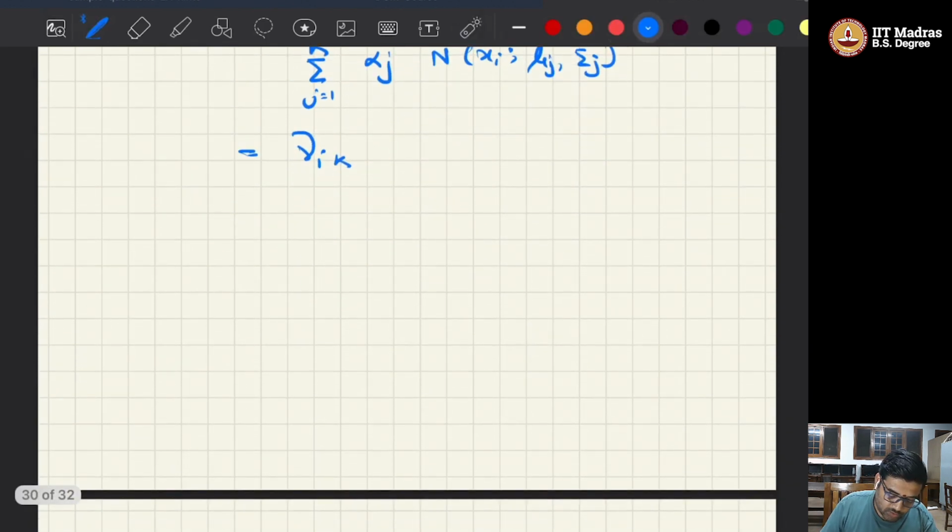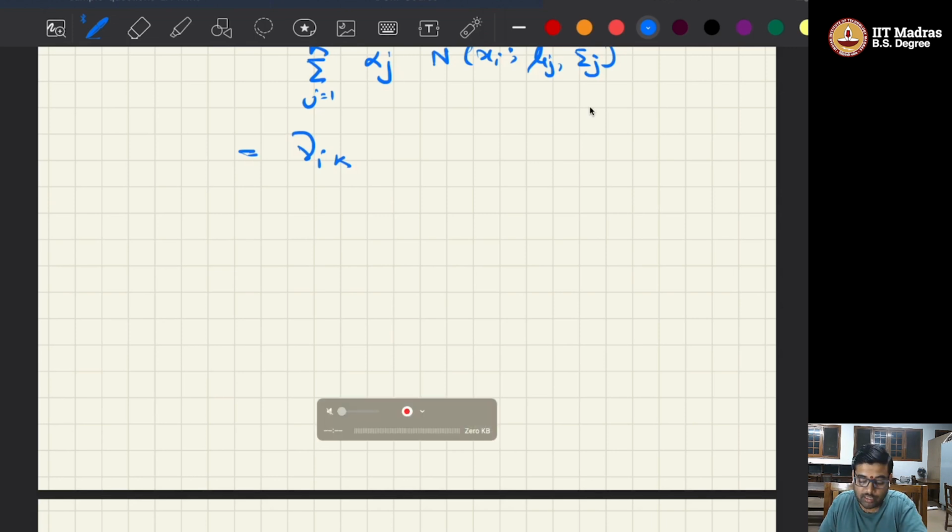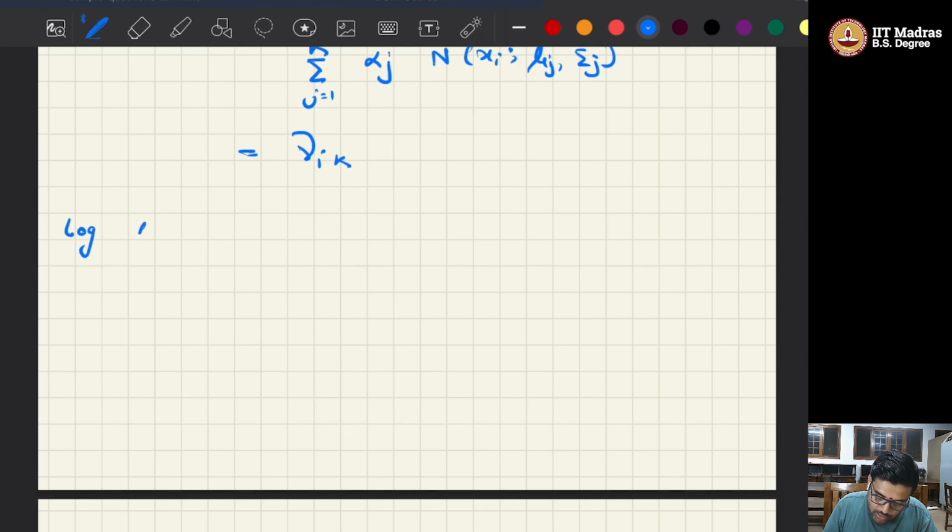Now what is the final aim? The final aim is to maximize the log likelihood, right? Now what is the log likelihood? Let's consider that p of x equals the product over i equals 1 to n of the probability of individual xi.